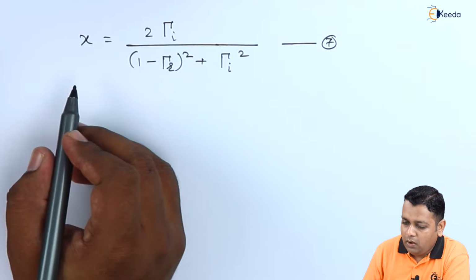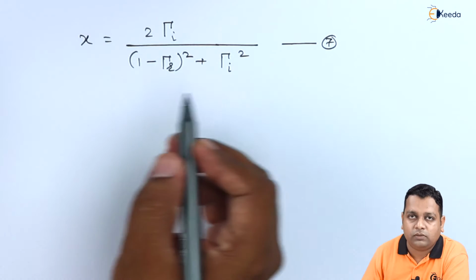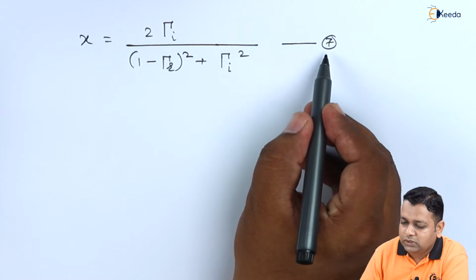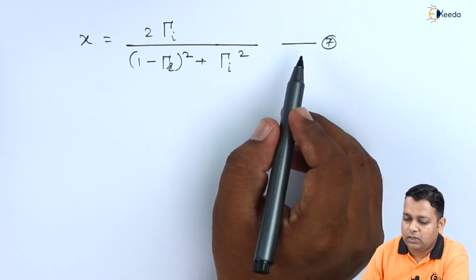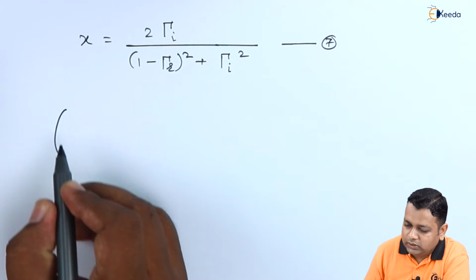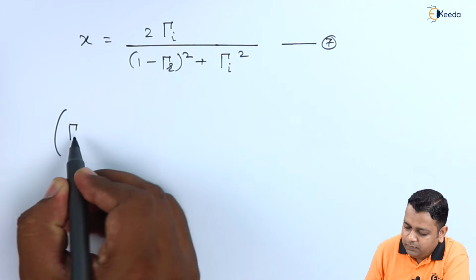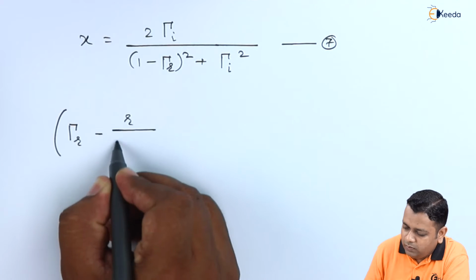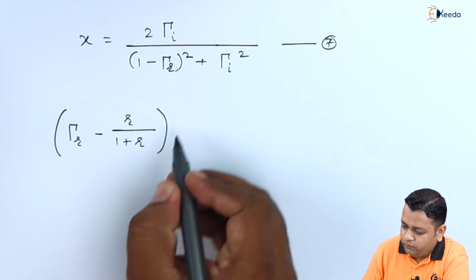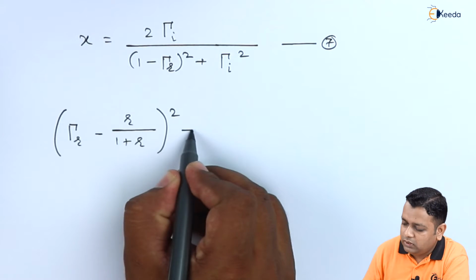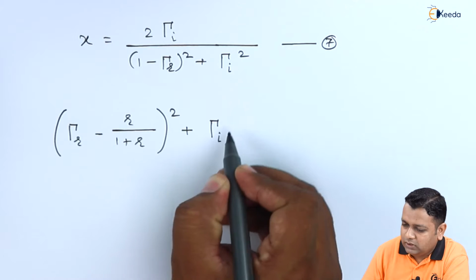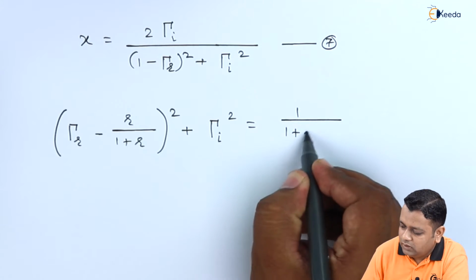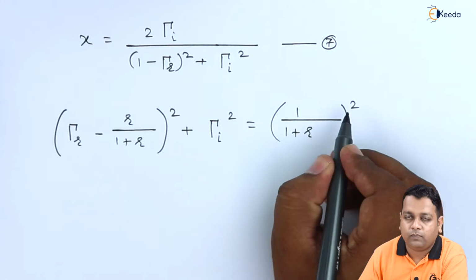Now from equation number 6 for the component r and equation number 7, we can make a rearrangement so that the left hand side is gamma suffix r minus r divided by 1 plus r, squared, further added to gamma suffix I squared, equal to 1 upon 1 plus r, bracket squared.